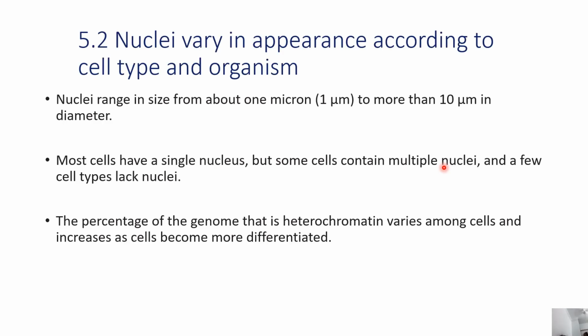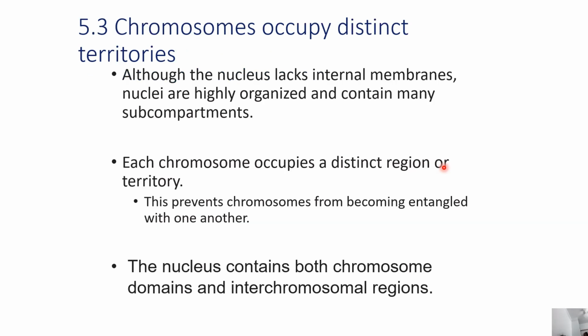Nuclei range in size from about 1 micron to more than 10 microns in diameter, and most cells have a single nucleus, but some cells contain multiple nuclei and a few cell types lack nuclei. The percentage of the genome that is heterochromatin varies among cells and increases as cells become more differentiated.